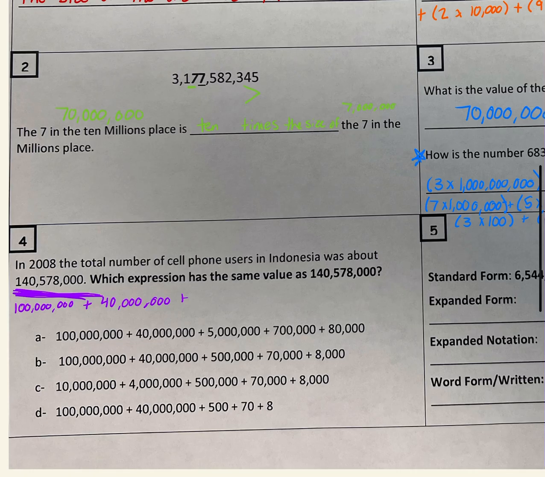Then my next digit's a 5 in my hundred thousands place, so that represents 500,000. Then I have a 7 in my 10,000 spot, so that represents 70,000. And an 8 in my 1,000 spot, representing 8,000. And then the rest are zeros, so I don't have to put anything to represent that.